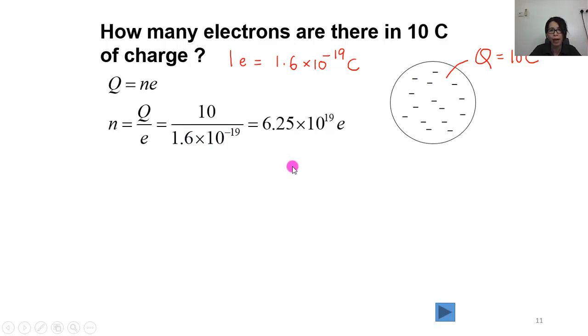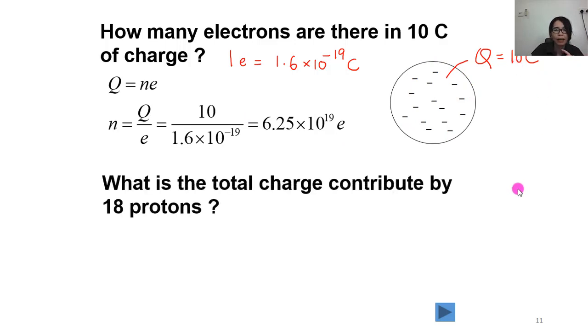So we are going to have 6.25 times 10 to the power of 19 electrons. This is the number of electrons that will contribute to the total charge of 10 coulombs.